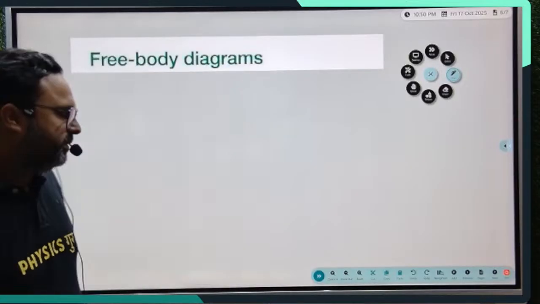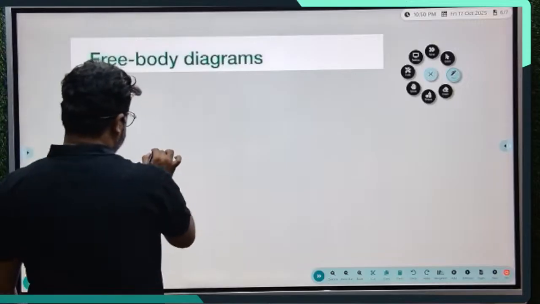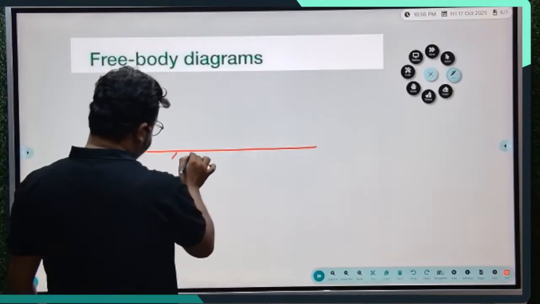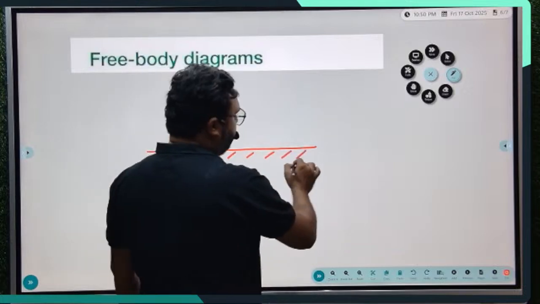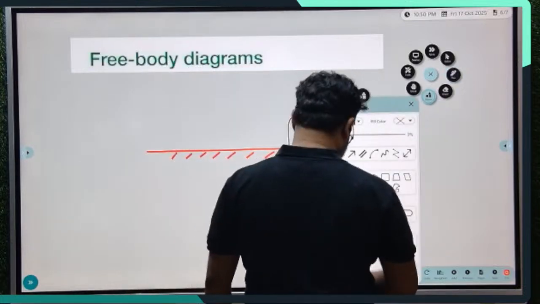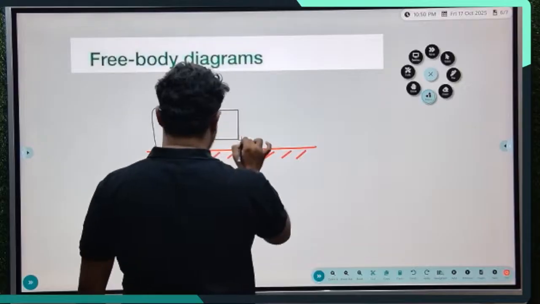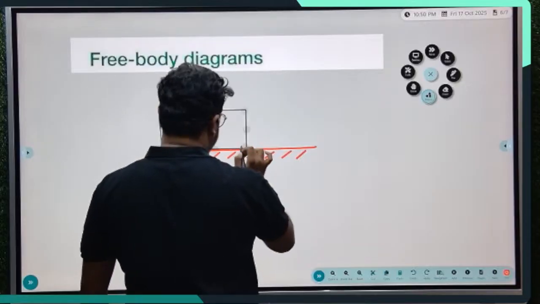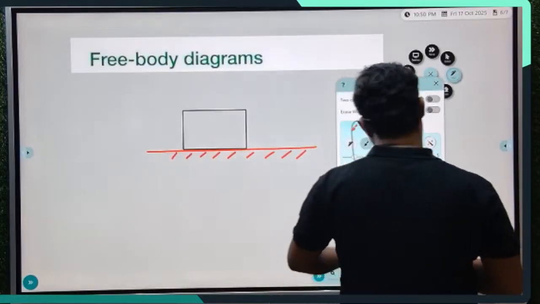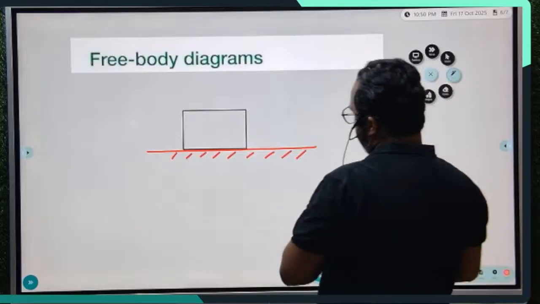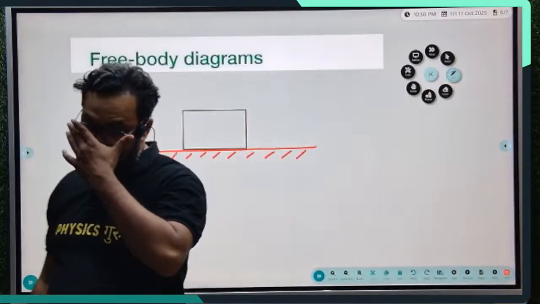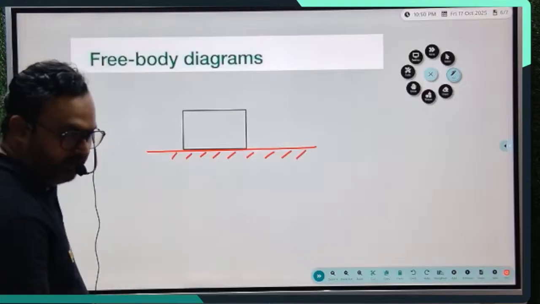Suppose we have a surface and you place an object here. Can you tell me how many forces are acting? Gravity. The first one is the weight, to be more precise.